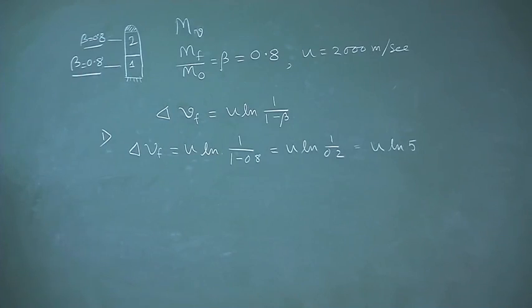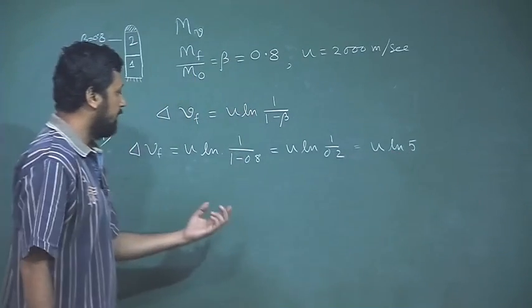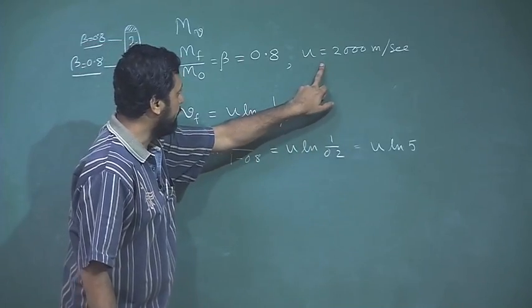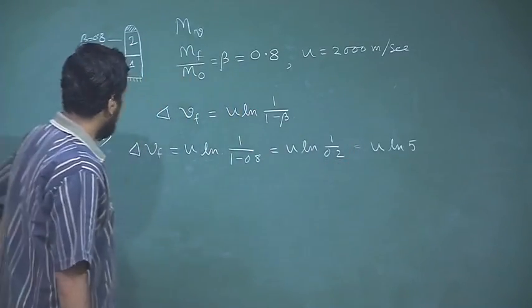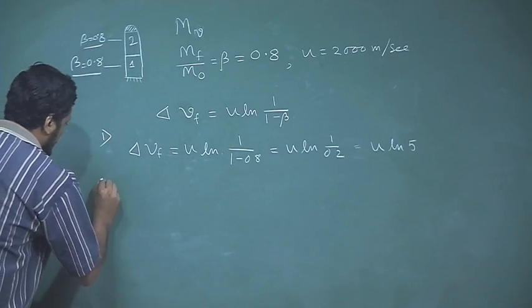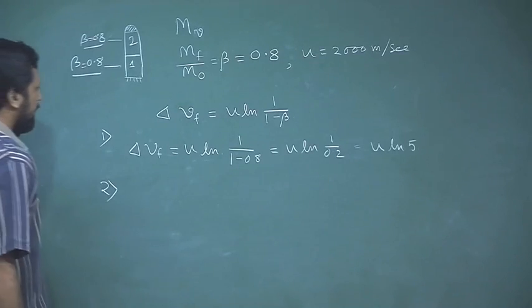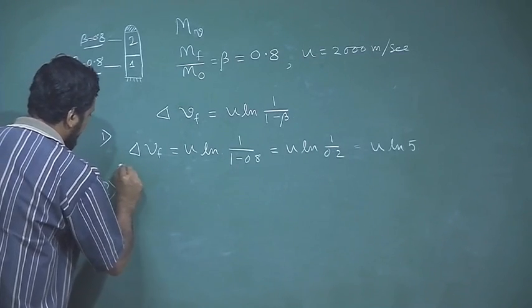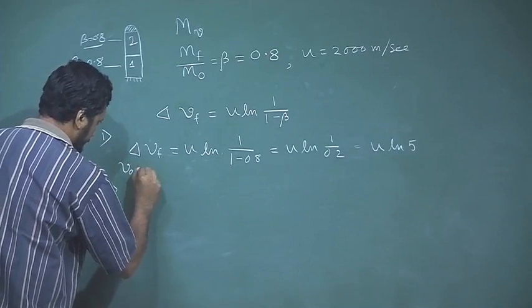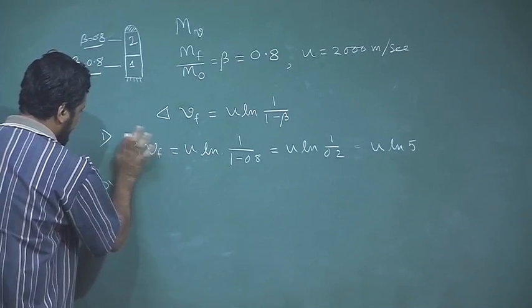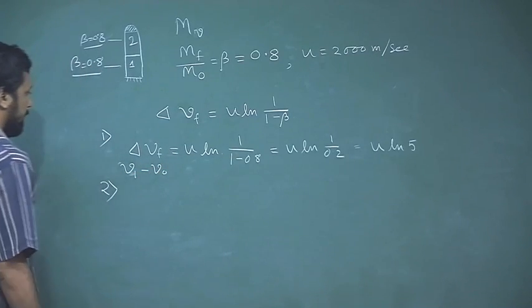If we put in the value of ln 5, we already have the value of u, so we immediately know the velocity change. Now let us say after this first stage, it initially starts from a velocity v0 and reaches a velocity v1. So your delta Vf is essentially v1 minus v0.